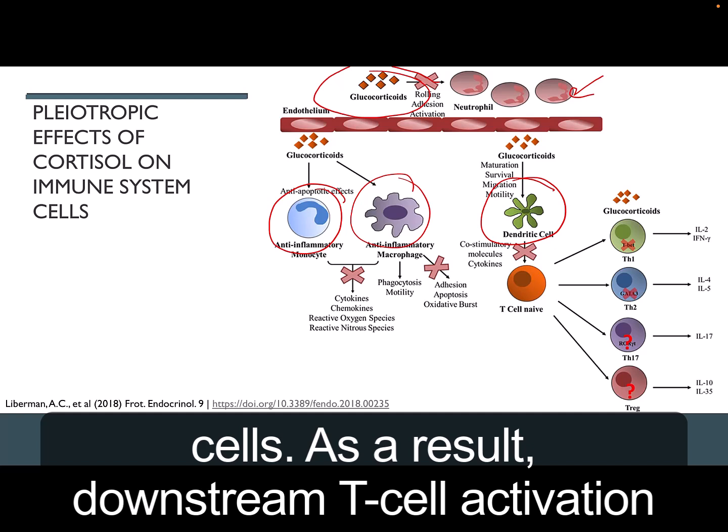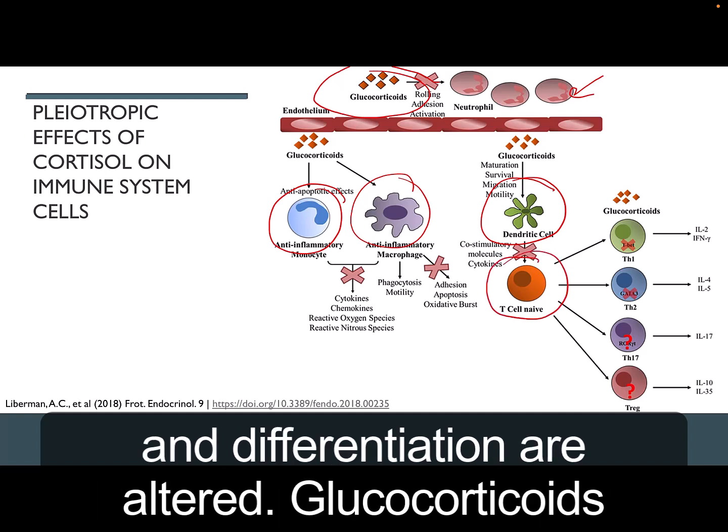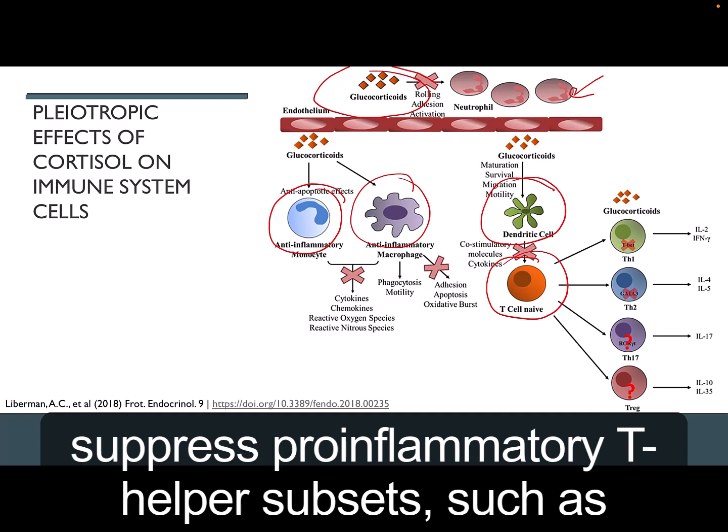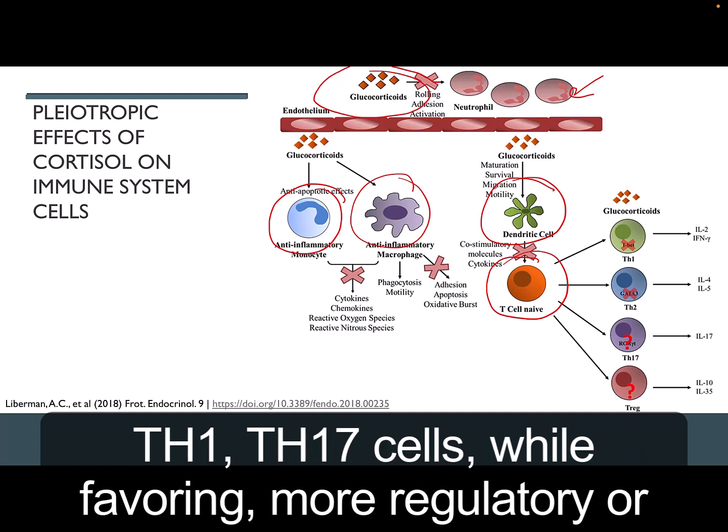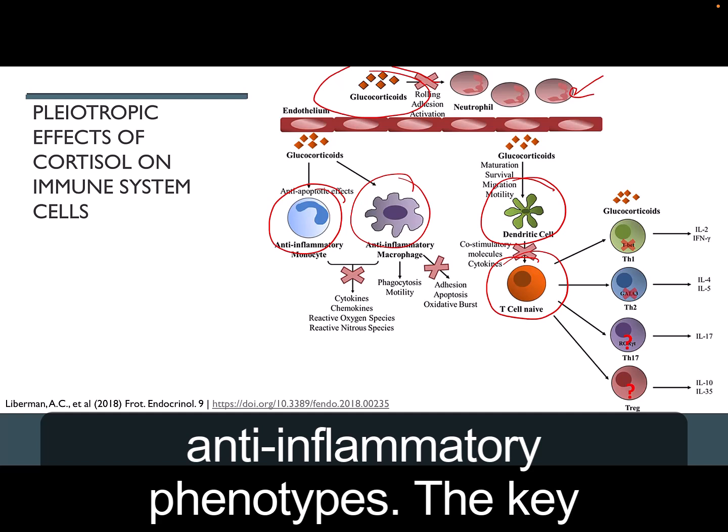As a result, downstream T cell activation and differentiation are altered. Glucocorticoids suppress pro-inflammatory T helper subsets, such as Th1 and Th17 cells, while favoring more regulatory or anti-inflammatory phenotypes.